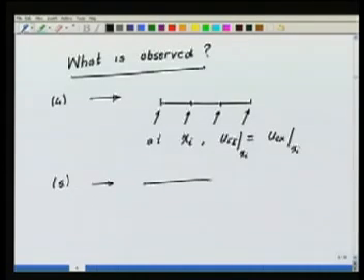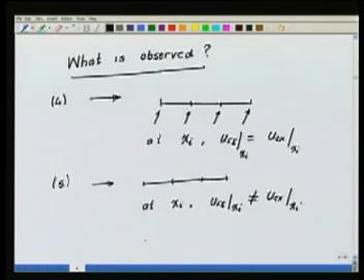For problem 5, we observe that if you take these nodes at xi, UFE at xi is not equal to u exact at xi, but it is sufficiently close.